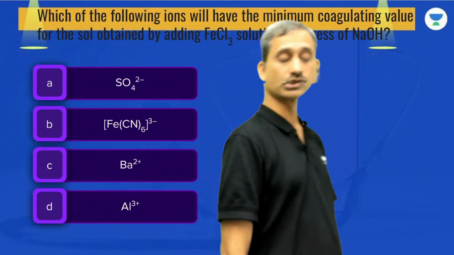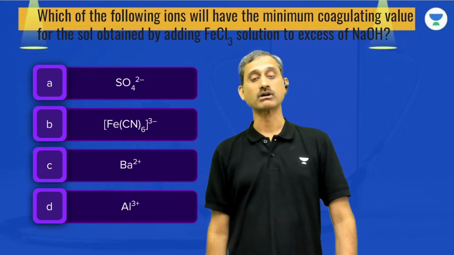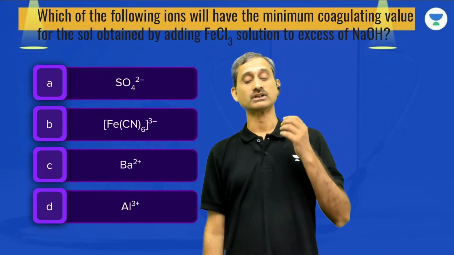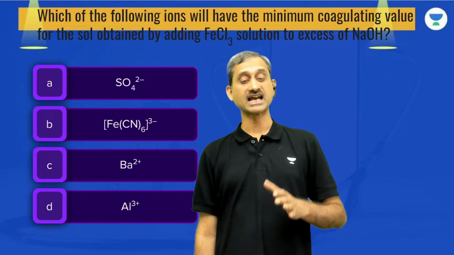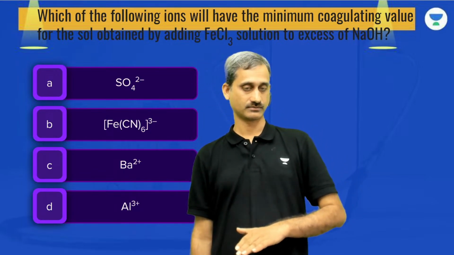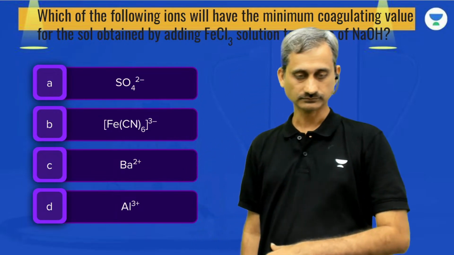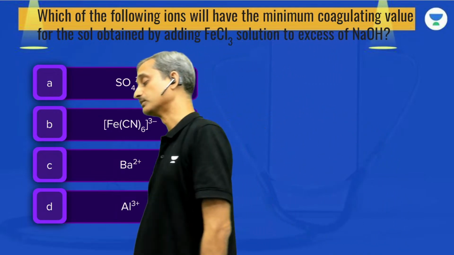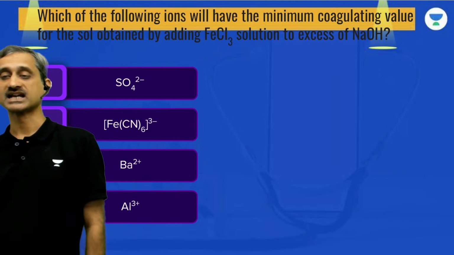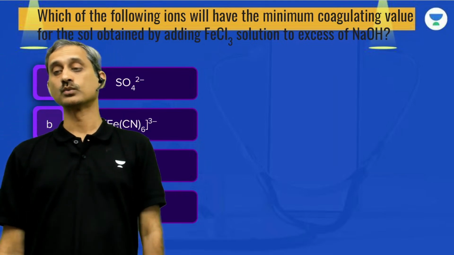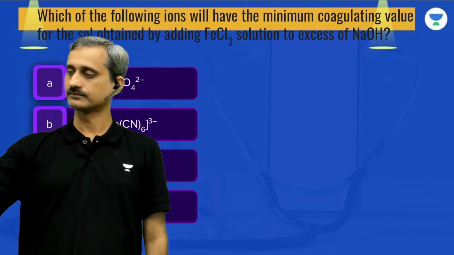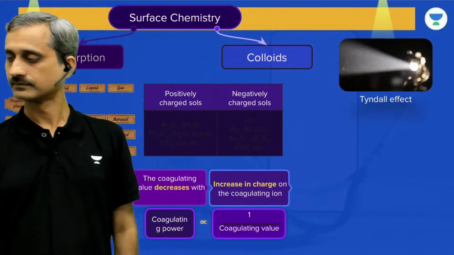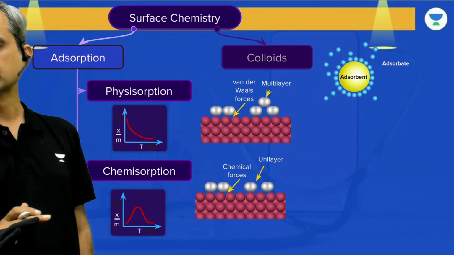The question is not asking you the coagulating power, it is asking you the coagulating value. So the value would be the maximum for the ion which has the least charge, and the flocculating value would be the minimum for the ion which has the maximum opposite charge. Is this clear?